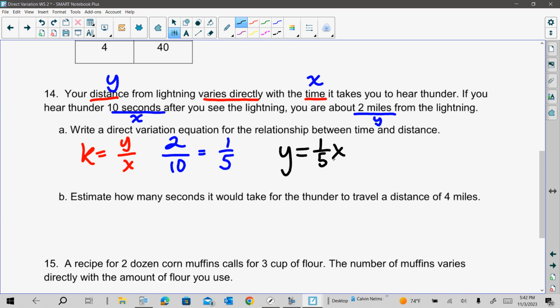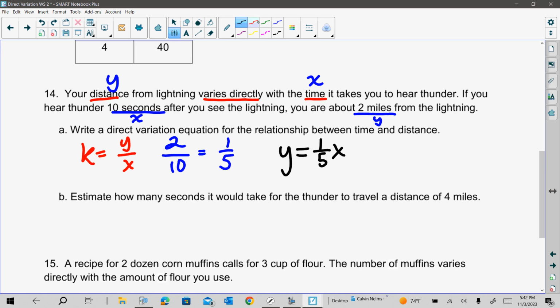Now it says estimate how many seconds it would take for thunder to travel a distance of 4 miles. You can do that kind of mentally, because I know 10 seconds was 2 miles. There's a pattern there. But if you wanted to solve the equation, miles represents distance, which is y.